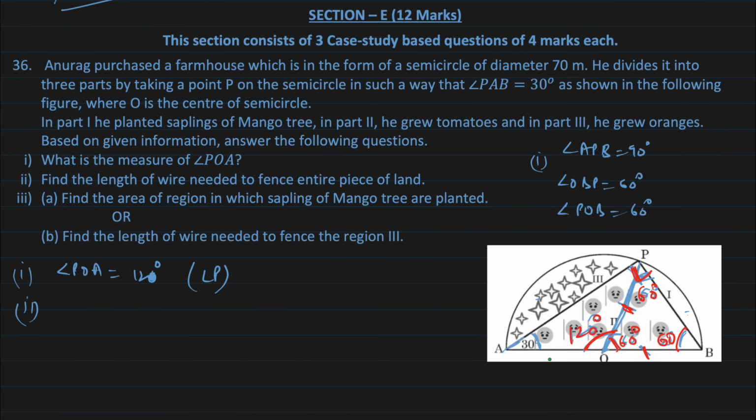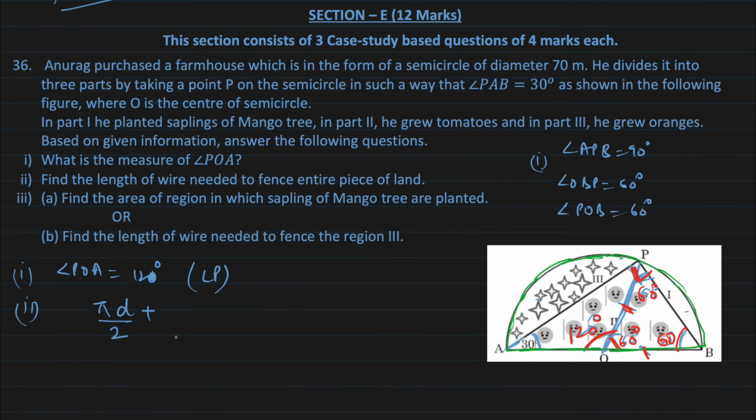Okay, so entire piece of land will be only this diameter plus this length of semicircle. Okay students, so what you do is, here you write it as it is, pi d, or you understood na, pi d is 2 pi r. Okay, so by 2 we have to do, right?